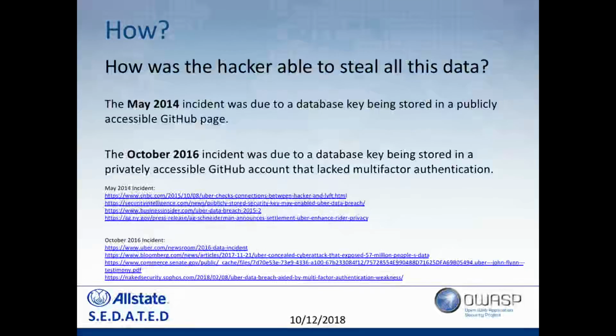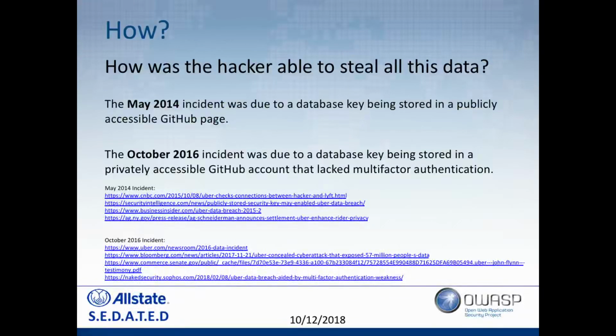The hacker got hold of it, found it, and in they go. So that's how they accessed the data. And then in 2016, again, it was a database key. They had the database key, but this time it was inside of a private repository. But the hacker was able to gain access to that repo, and once they gained access to that repo, there was the key sitting in their repo.